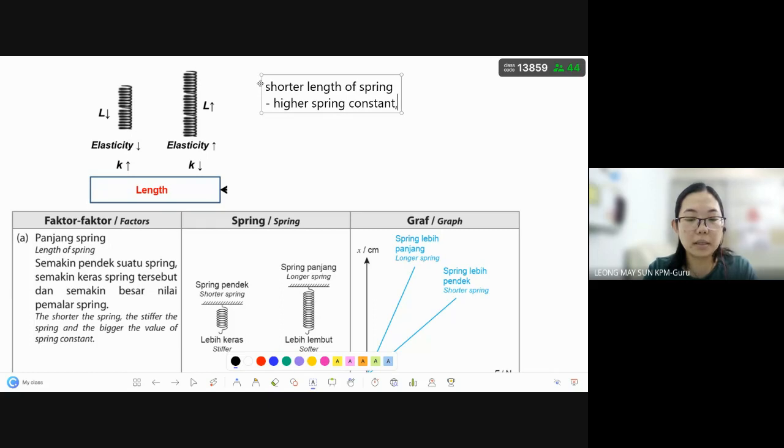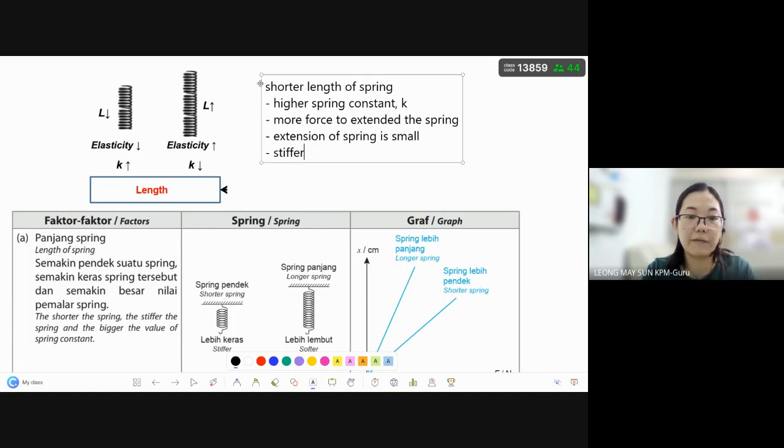Again, the spring constant formula is force over extension, meaning more force is needed to extend the spring. And then the extension of the spring is small, meaning it is stiffer. All right, it's more stiff.